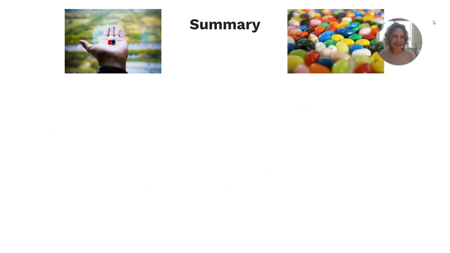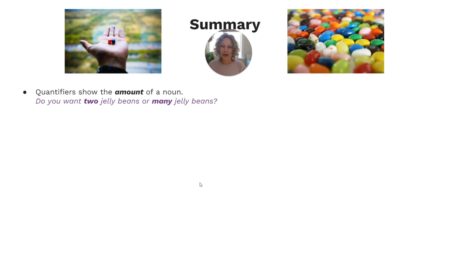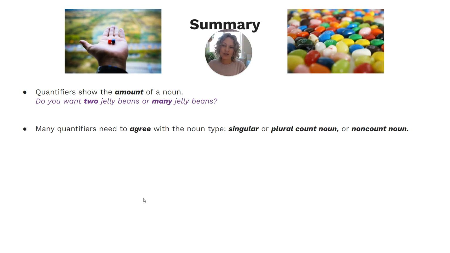So let's summarize what we've learned so far. We have learned that quantifiers show the amount of a noun, as in, do you want two jelly beans or many jelly beans? Many quantifiers need to agree with the noun type.